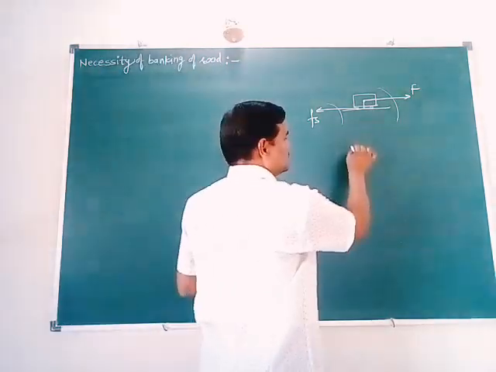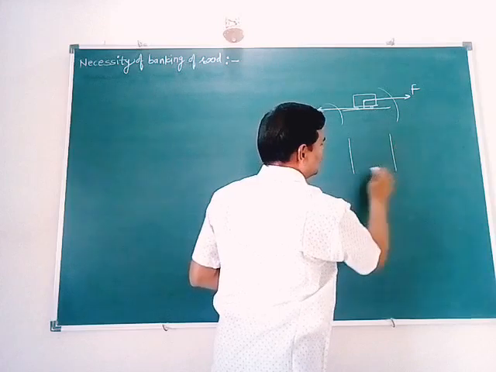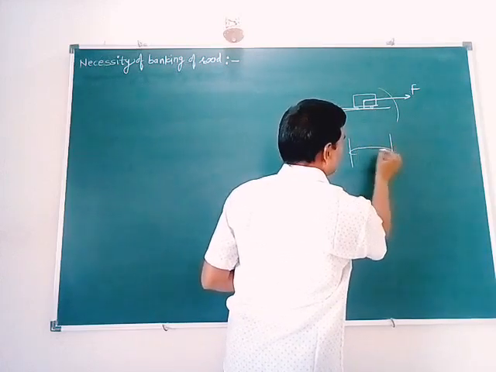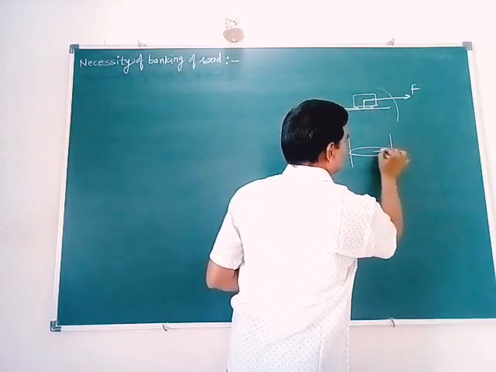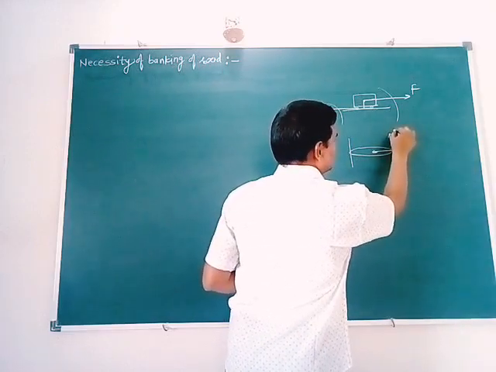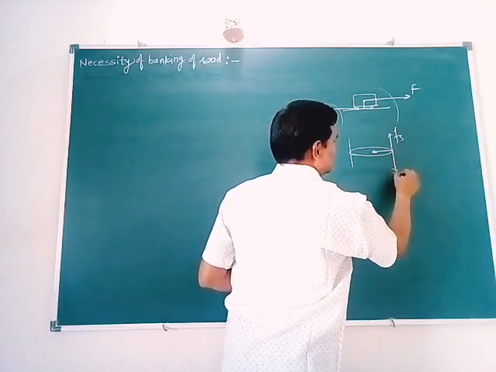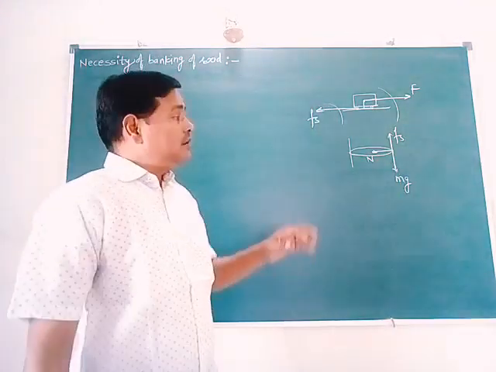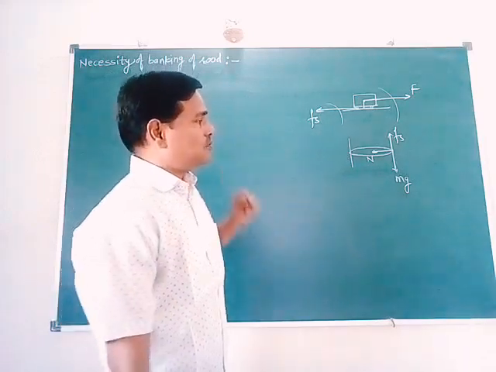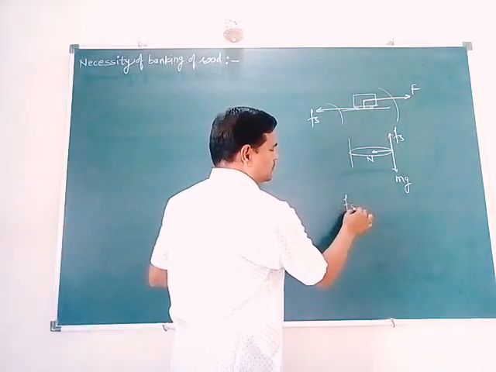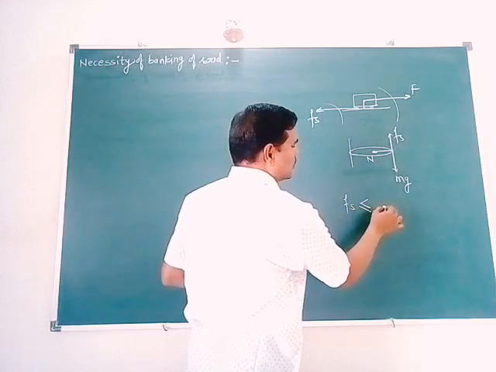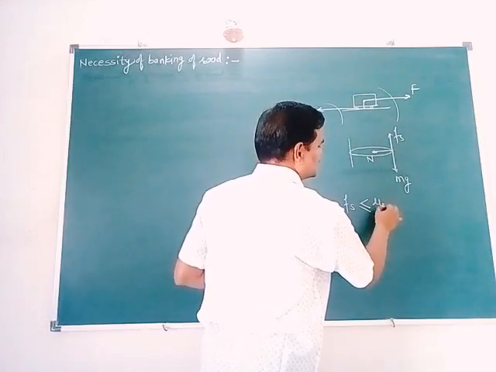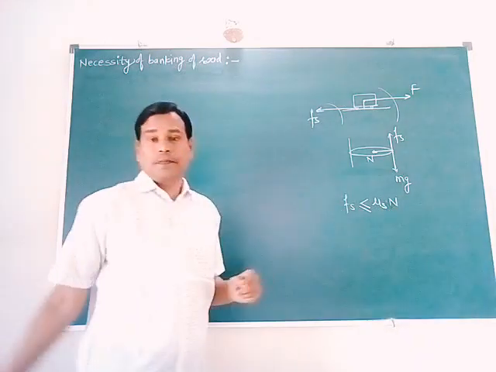Now in the case of the vehicle which was moving in the well of death, this was the circular motion of that object. This was the normal reaction, this was the force of friction, this was the weight mg, this was the normal reaction. Experimentally, it was observed that this force of friction is less than or equal to the normal reaction, that is mu s into normal reaction.